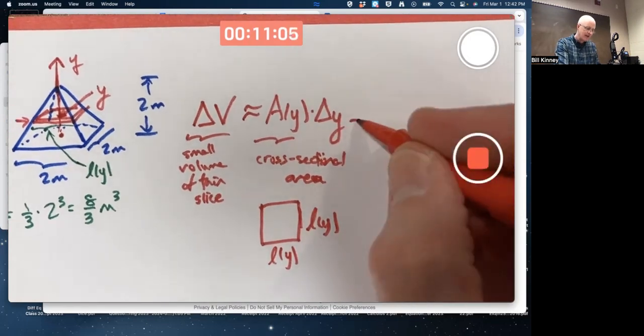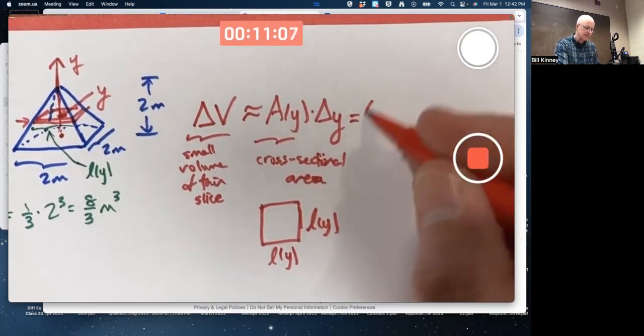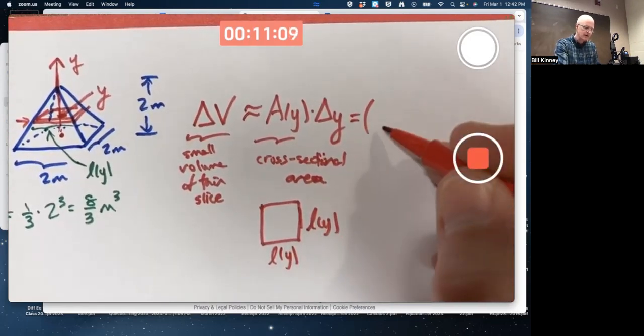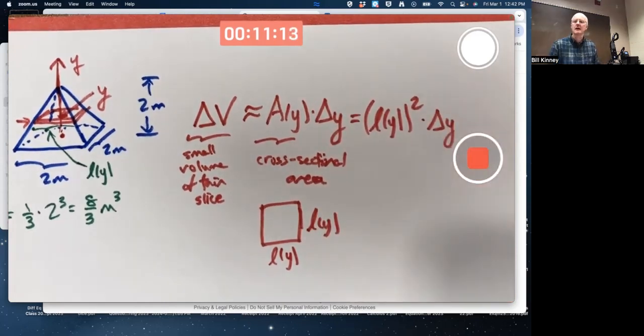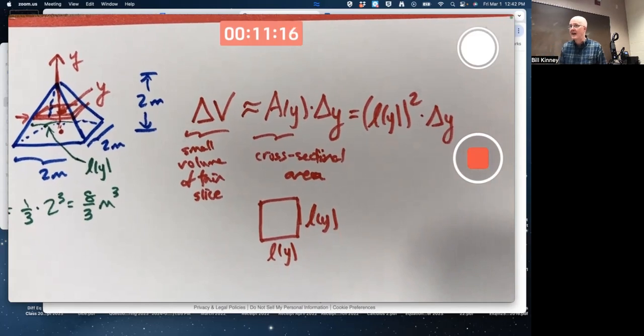And A of y, being the area of a square, is going to be the side length squared. L of y squared. I still got to figure out what L of y is. I haven't done that. I got to figure out what it is.